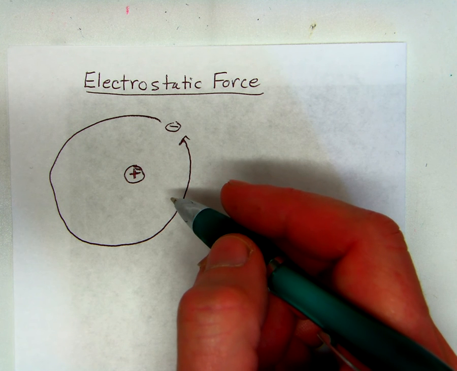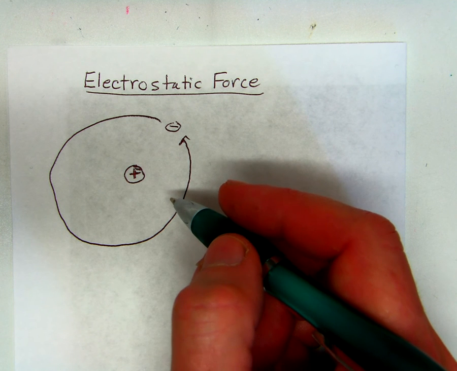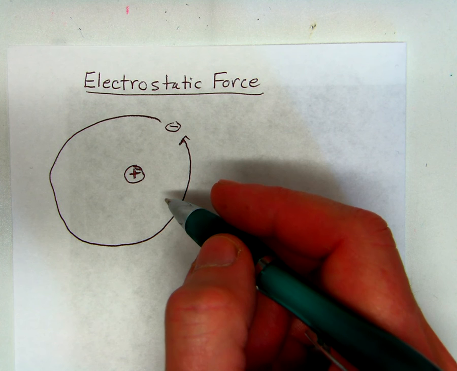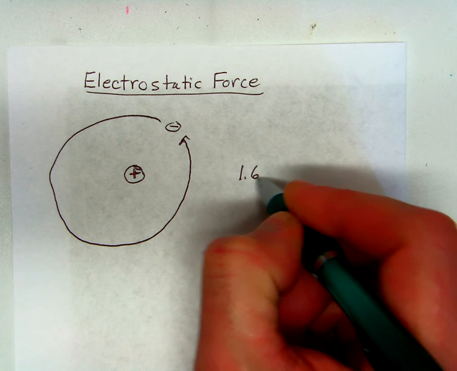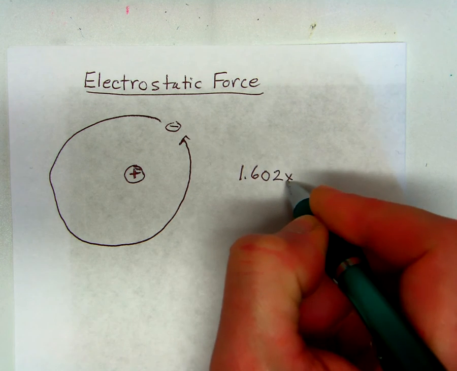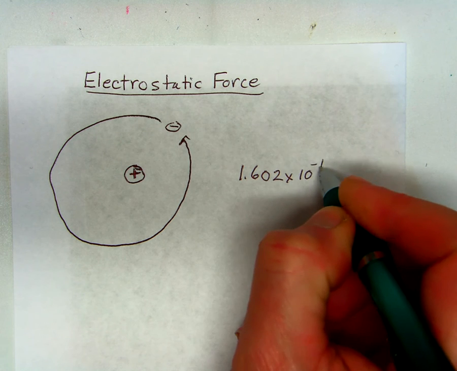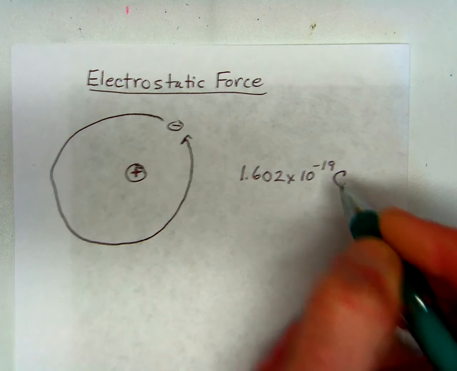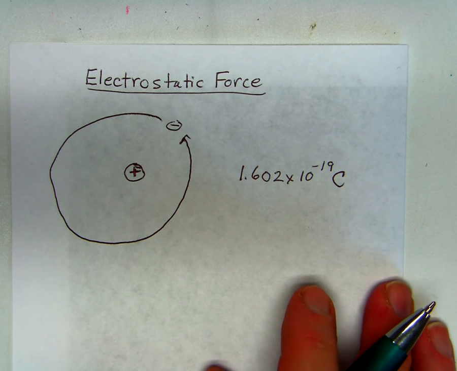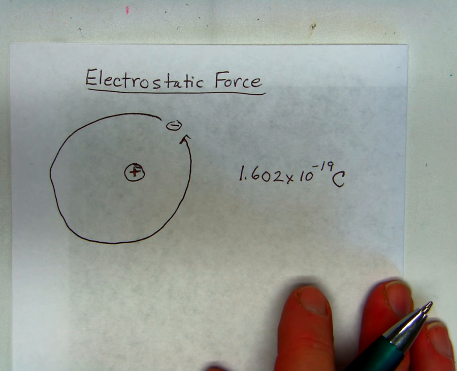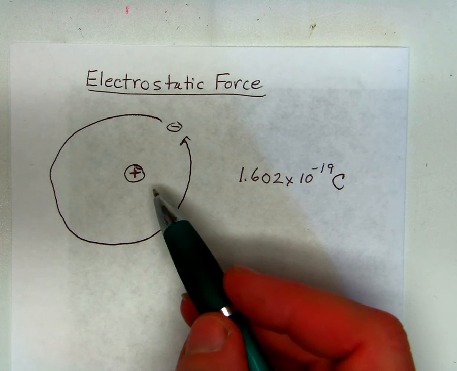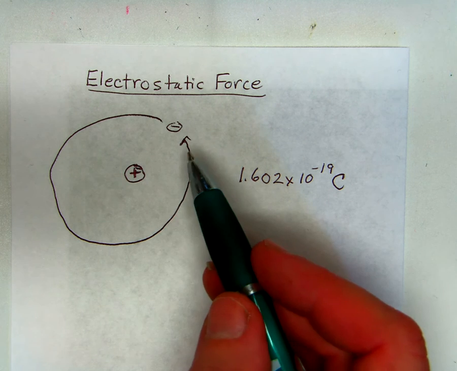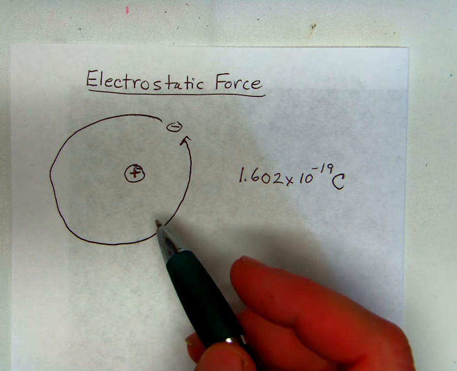And as it turns out, that specific amount of charge is 1.602 times 10 to the negative 19th coulombs. The unit for charge is a coulomb. Both the proton and the electron have the same size of the charge.